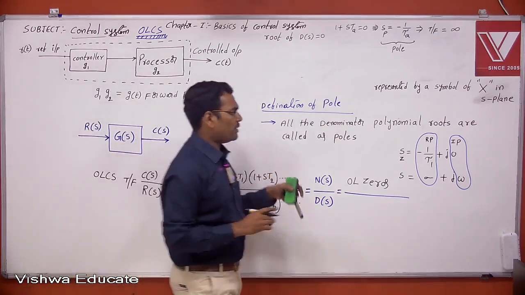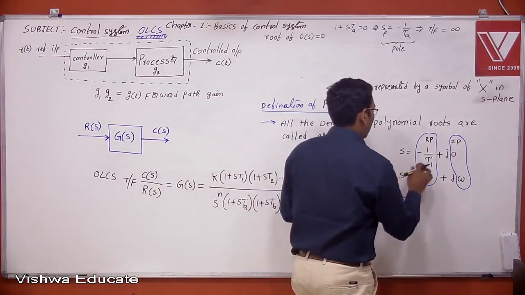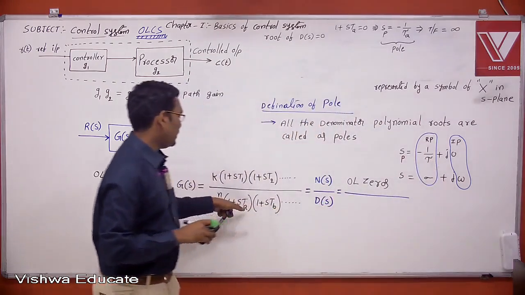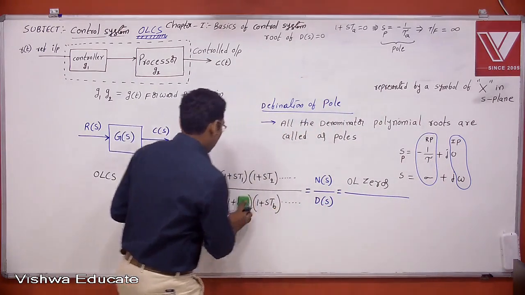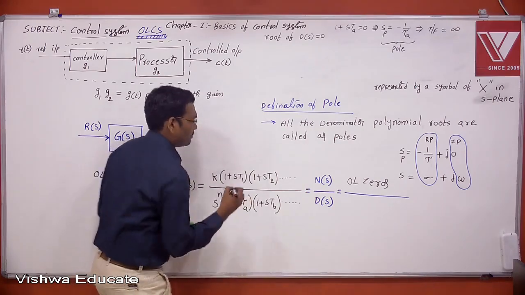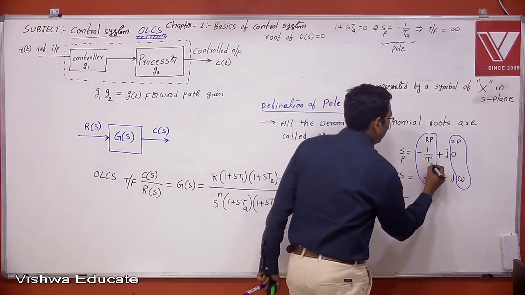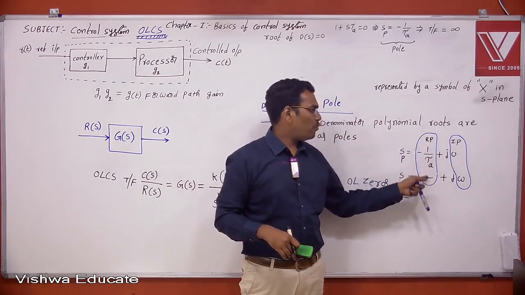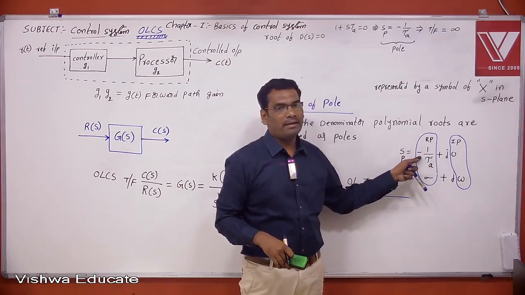The pole definition is also the same. What is a pole? SP, which is equal to minus 1 by tau A. Here also there is no imaginary part, only real part, and it is a negative real part.